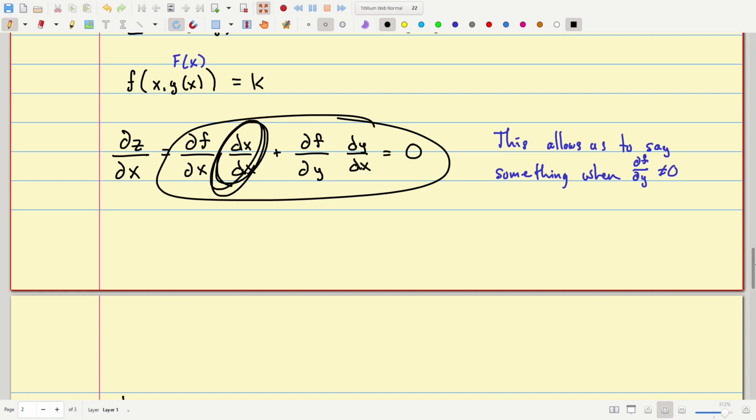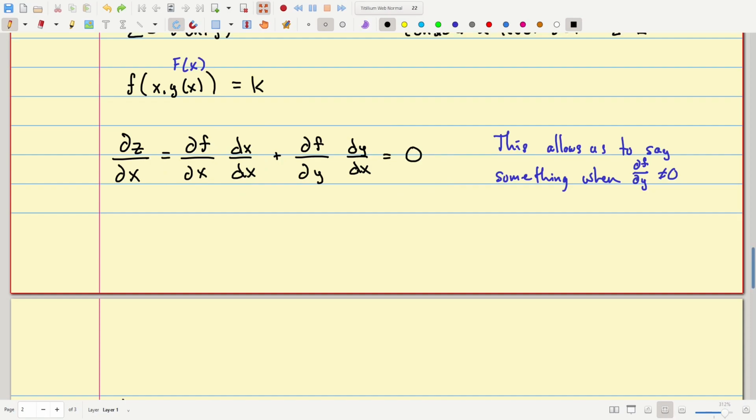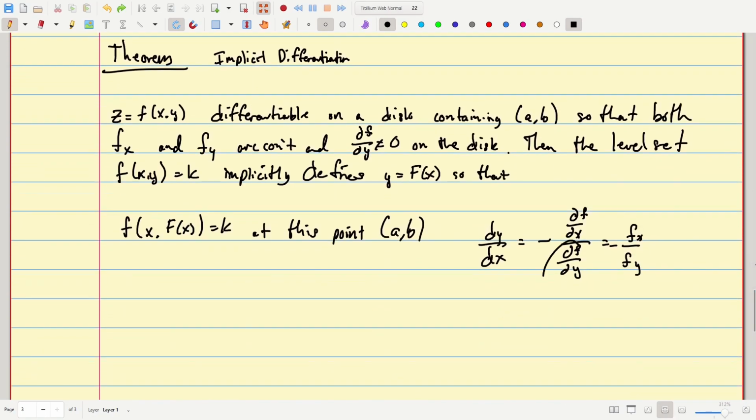This is 1, and we rearrange and solve for dy/dx, which is why we need this to not be 0, because we need to be able to divide by it. Okay. Now, it turns out that this works if we have any number of independent variables.